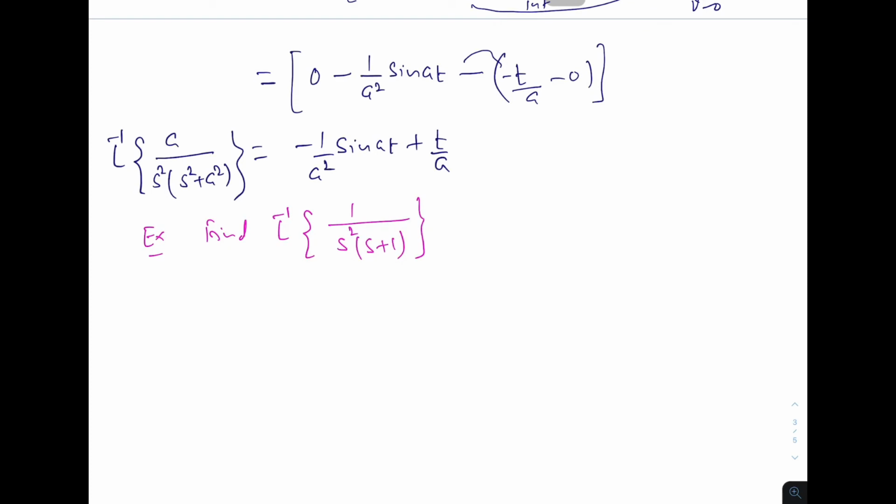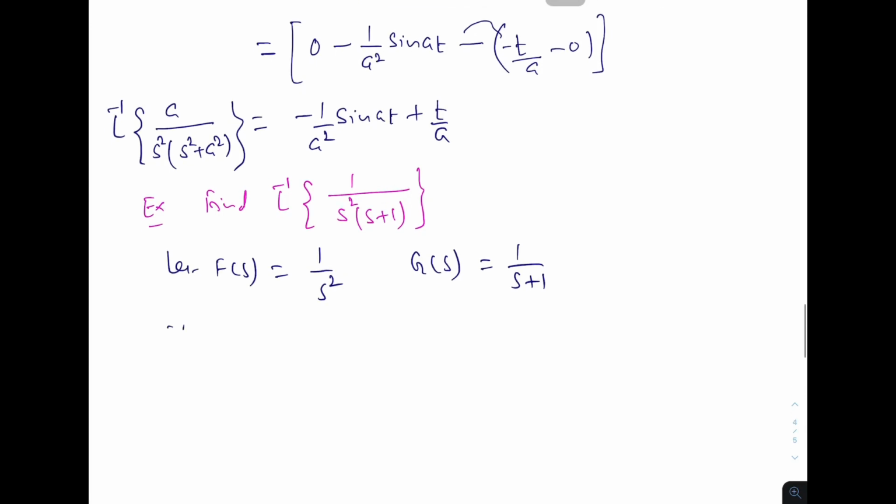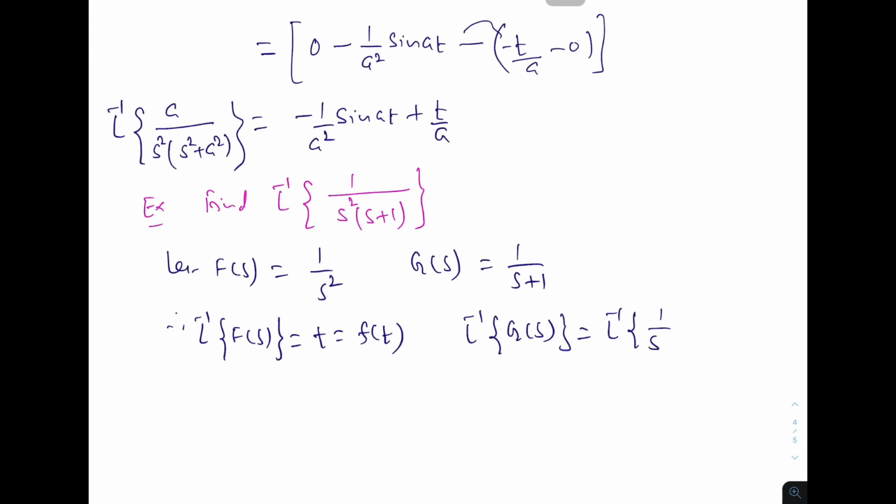So we can write like this: let F(s) be 1 over s squared and G(s) be 1 over s plus 1. Now what is the inverse Laplace transform of F(s)? We have just seen that it is nothing but t, and we call this f(t). The inverse Laplace transform of G(s), of 1 over s plus 1, again this is standard, this is e to the power minus t.